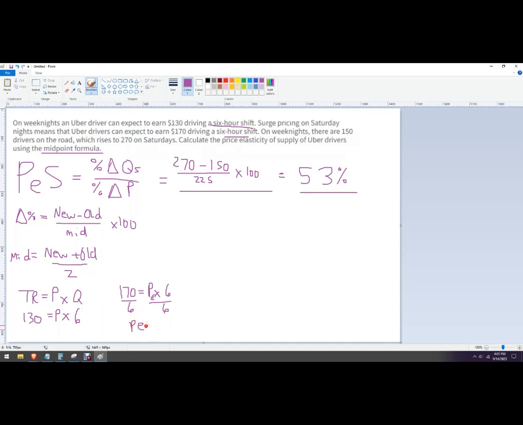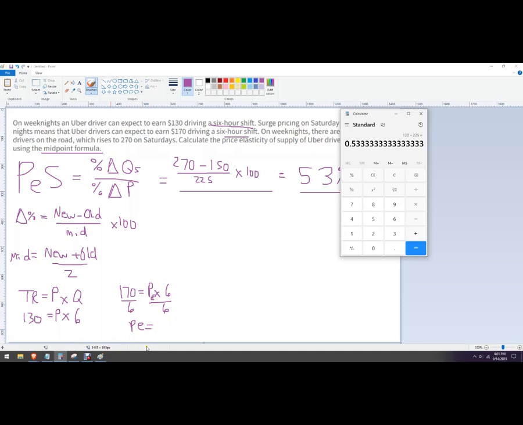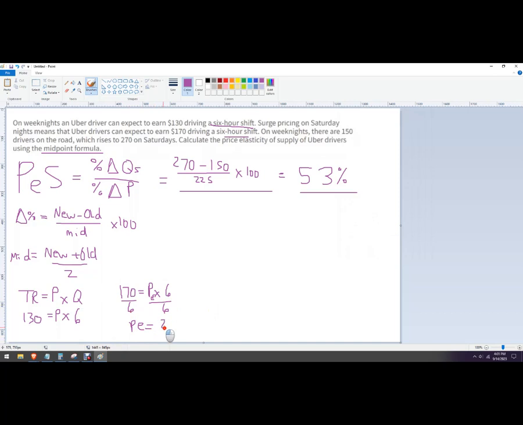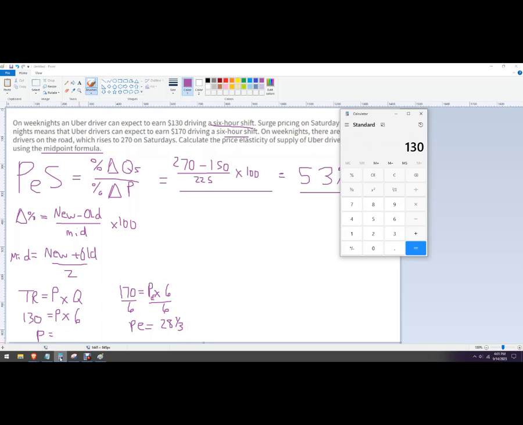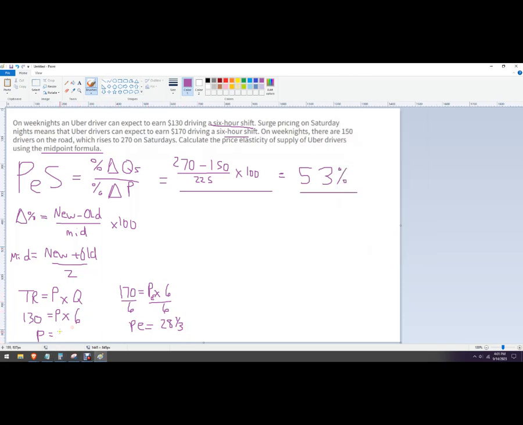So the price on the weekend is 170 divided by 6, which is 28 and a third. And then over here, do the same thing. Price is 130 divided by 6.